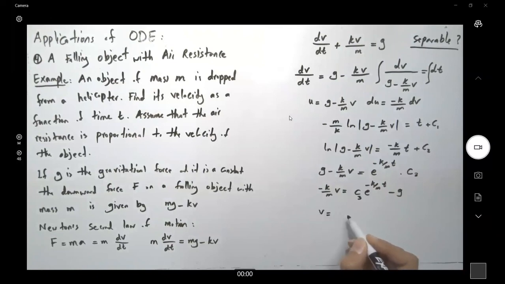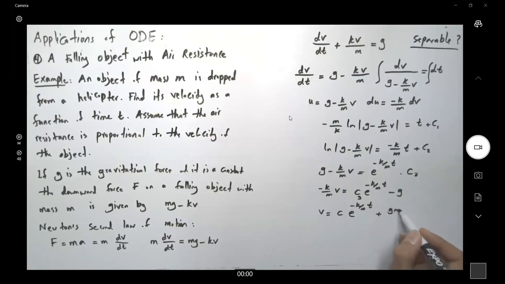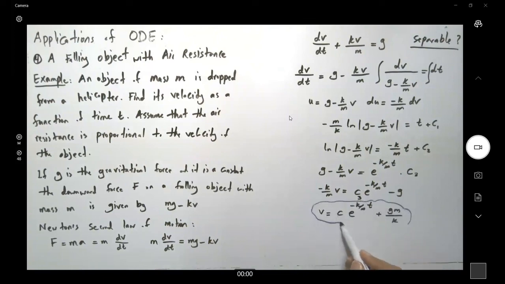We get v equals c sub 4, or just c, e to the negative (k/m)t, plus gm/k. This is a function of velocity based on time t. Please note that k is the constant of proportionality.